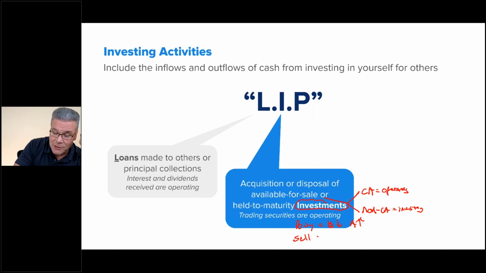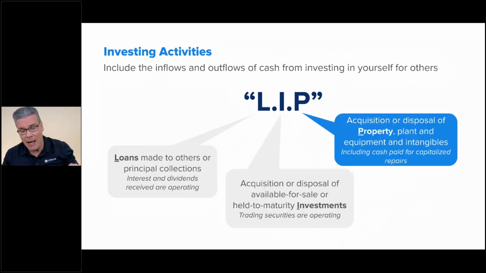When you're on the sell side, cash goes up and that asset goes down. But be mindful, is it a current asset or a non-current asset? And then your PP&E, as well as your intangibles: things represented by a piece of paper, franchise, license, patent, copyright, trademark, whatever it is. All those items are going to be investing.